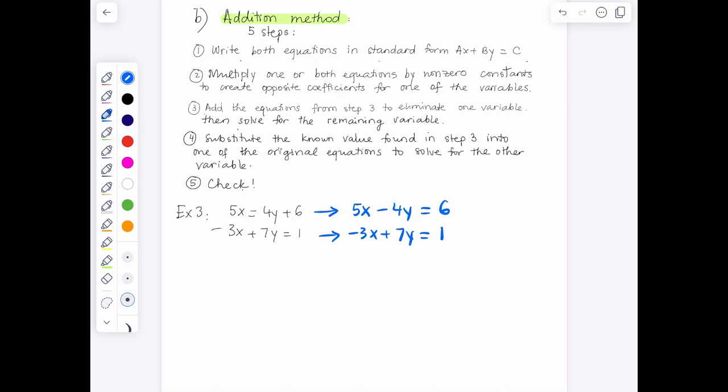But in some other problems, it might take fewer steps to eliminate one variable versus the other. In this particular problem, I see no difference in eliminating x or y. So let's just assume that we want to eliminate x.